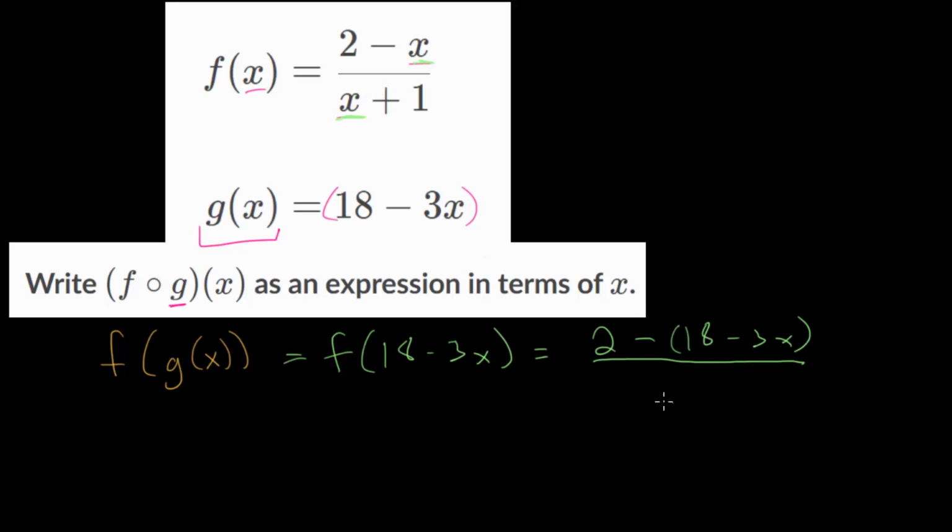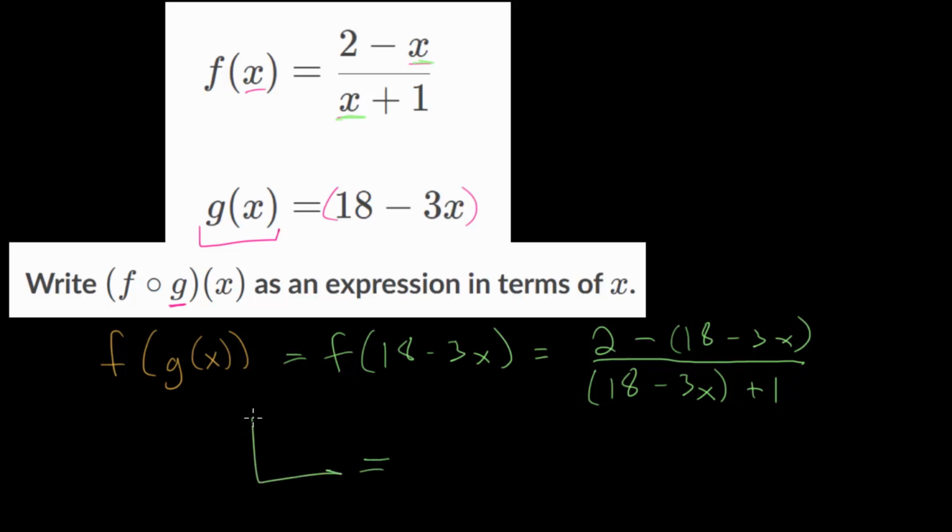And in the denominator, we have x, which again is this 18 minus 3x, and plus 1. In the denominator, it doesn't really make a difference because we have a plus sign here, since this is a positive number, but it's a good habit to be in, regardless.